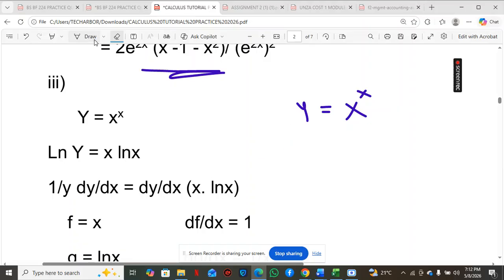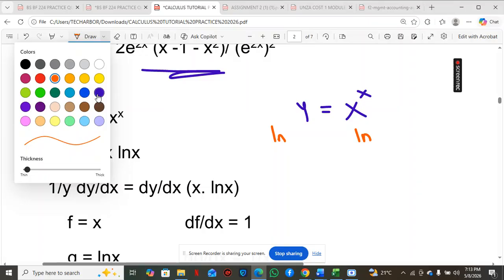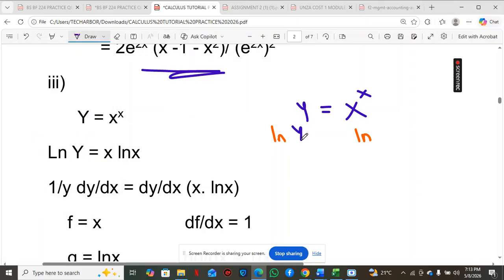So as you can see here, you bring the natural log here, natural log here. It's the natural log of y equals x natural log of x.